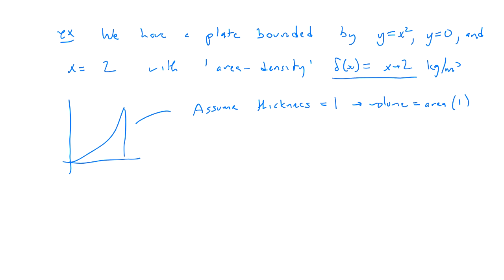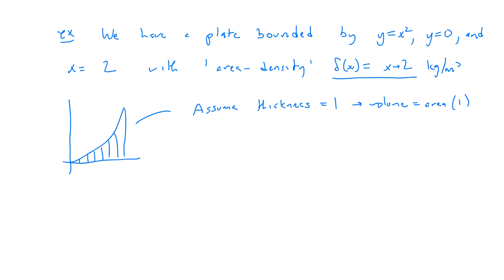So if density depended on 2 variables, which it certainly could because it could change as we change x, actually, we would need doubles. And in some ways you can see, again, what we would probably do. We do the usual integral thing, break it up into slices. On each slice, the density is basically a constant.